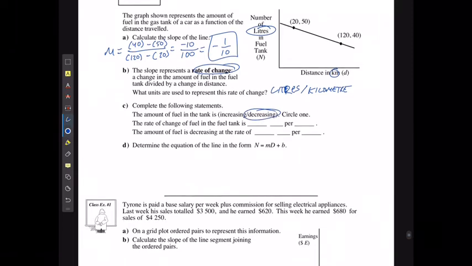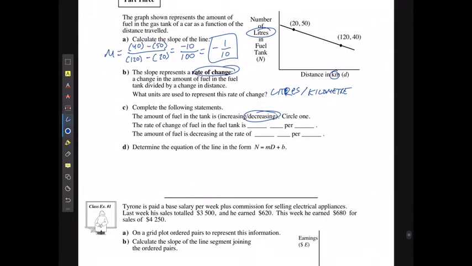The rate of change of the fuel in the tank is going to be negative 1 over 10 liters per kilometer, or the amount of fuel is decreasing at a rate of 0.1 when I actually divide it out into a decimal form, liters per kilometer.